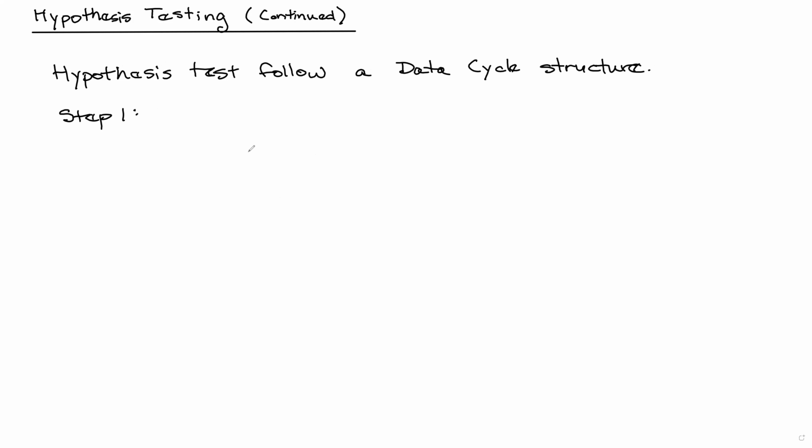So step one, in the first step of a data cycle, you go through and you ask questions. So we're going to do all of the null hypothesis and alternative hypothesis stuff. We're going to figure out what our claim is. All of that's going to happen in step one.